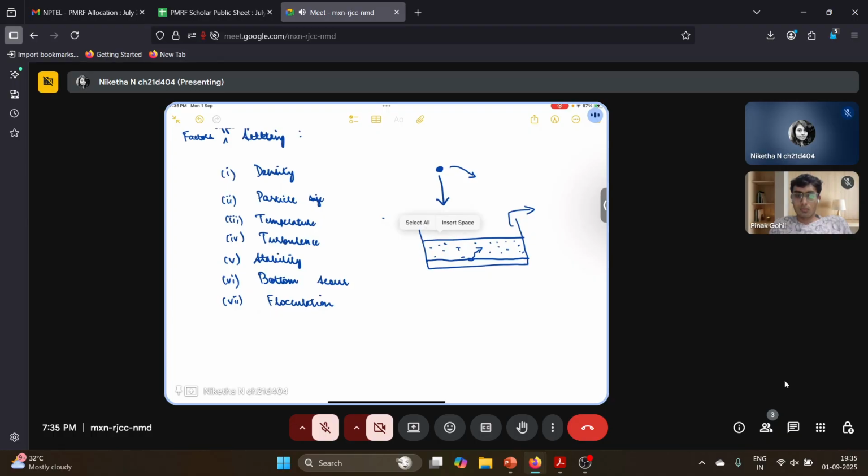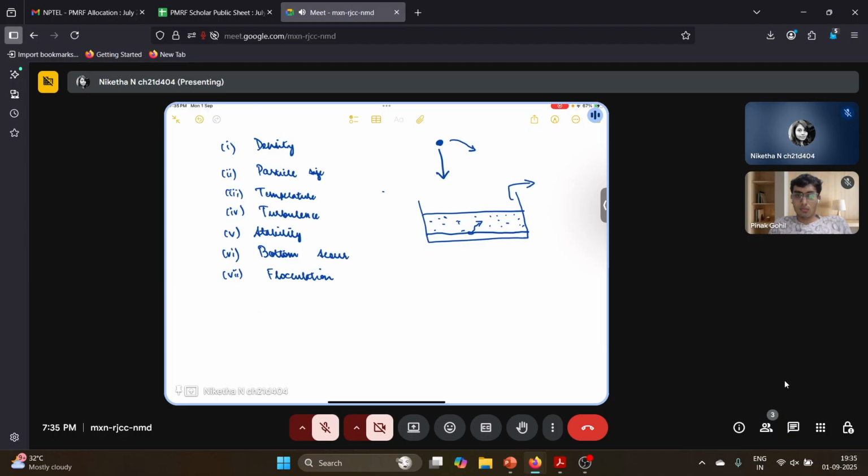And then the rate of flocculation, or the rate at which the flocs are formed. If the flocculation is good, then there will be good settling. If flocs are not well formed, then they won't settle down. There are different types of settling.